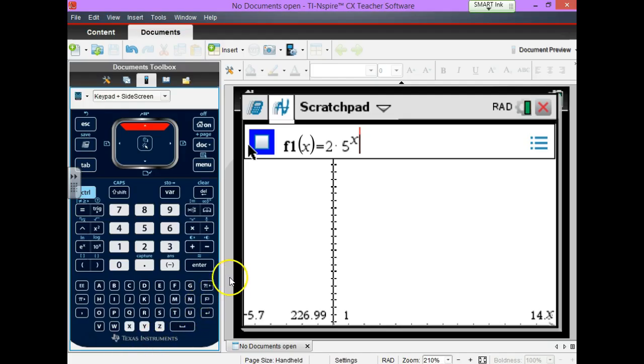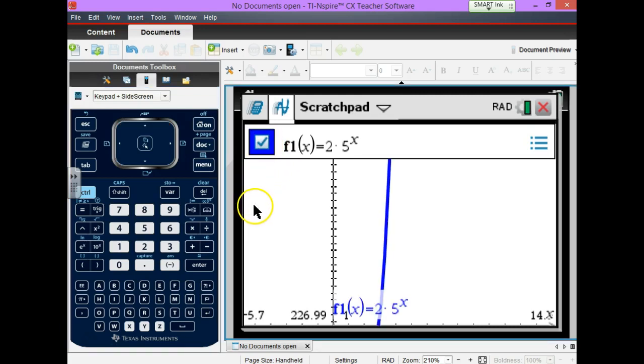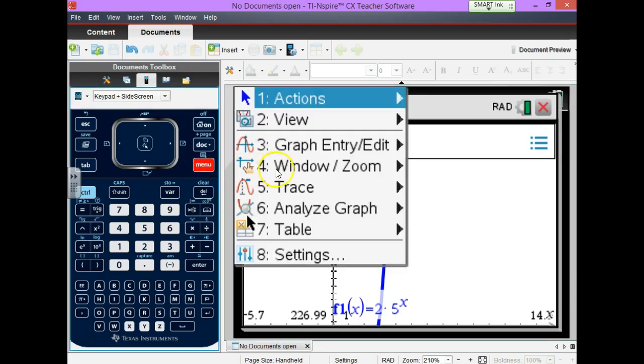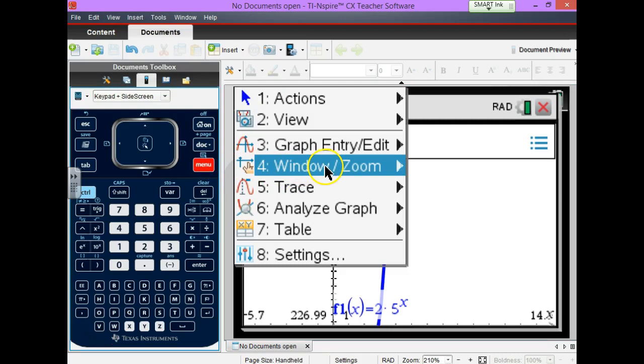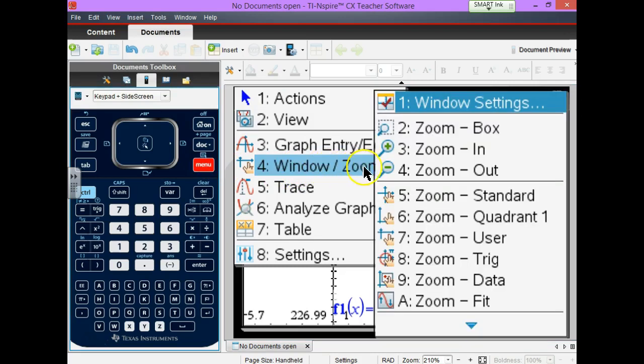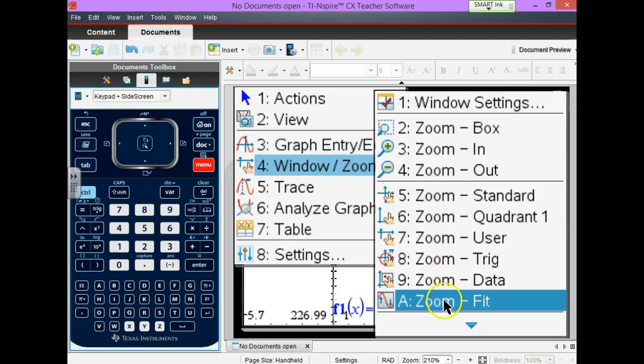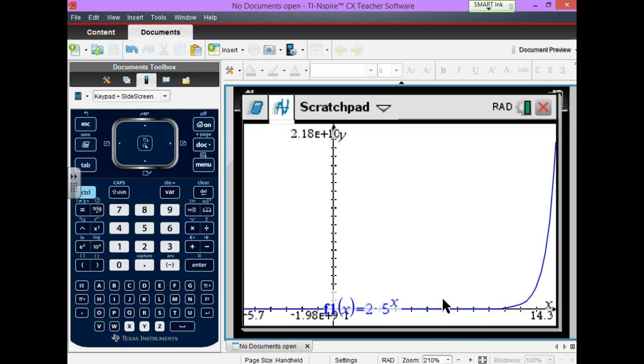Although you can be manual, maybe create a table on paper and use the graphing feature of the calculator. Alright. And I do notice I don't have the greatest window, so I'm going to hit menu, window, and I'll try zoom fit. Okay. So it gives me a better view of what I'm looking at.